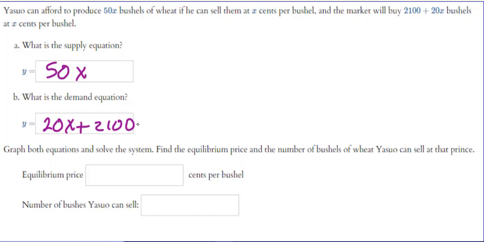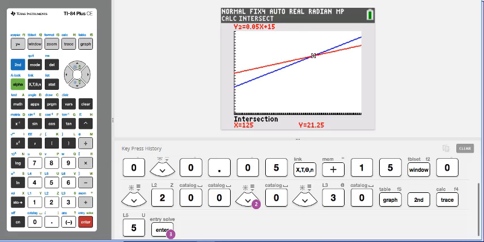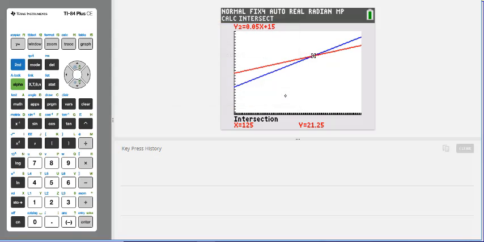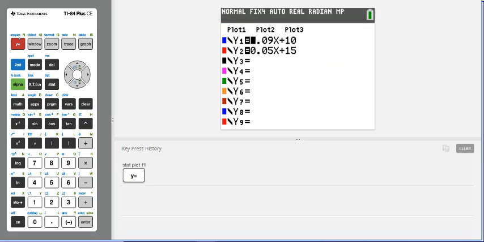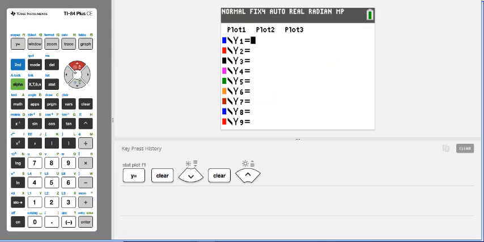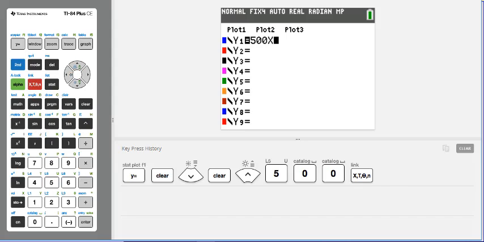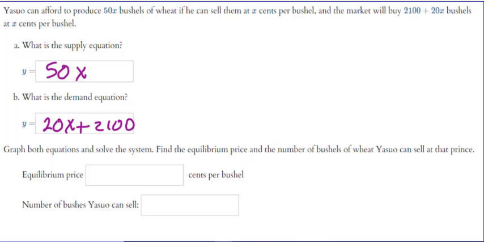Well, we just need to solve the system, which means we're going to graph them and see where they intersect. So we're going to clear out our calculators and go to y equals, clear our two equations. We'll put 50x in, 50x, not 500x, and then 20x plus 2,100.